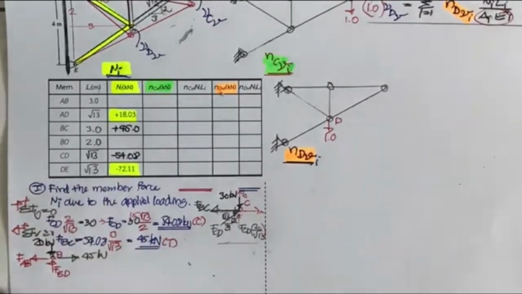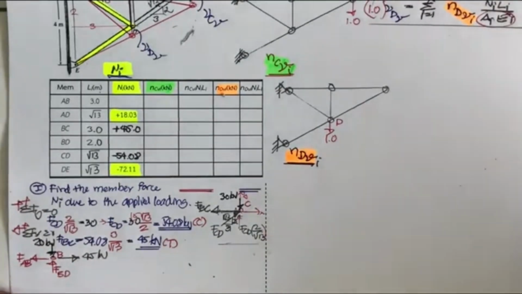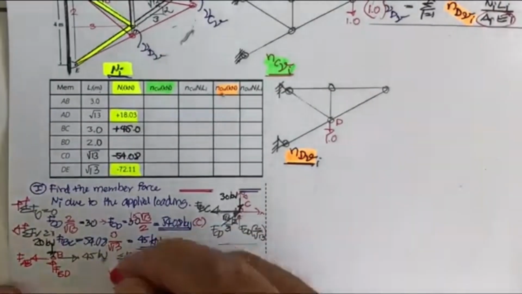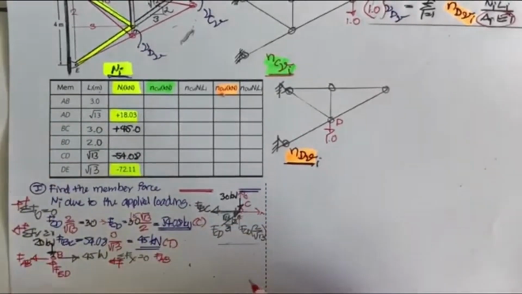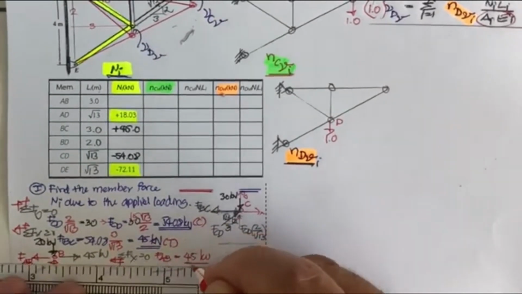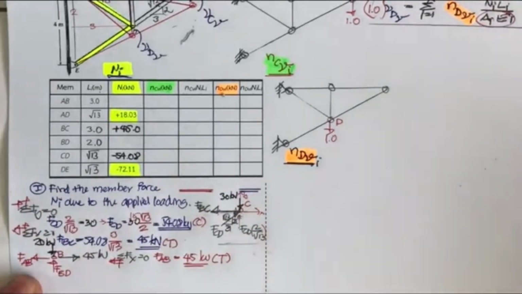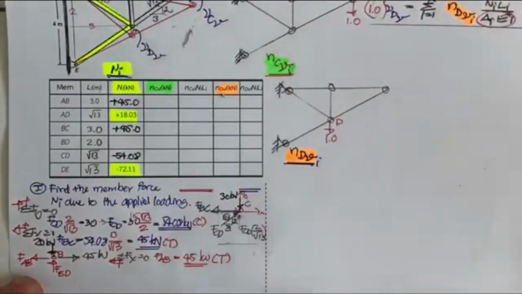This time the free body diagram has the force in the x direction alone and in the y direction alone, so it's going to be very easy to determine the force here. Summation of F sub x equal to 0. If you put this one as positive, F sub AB is going to be 45 kilonewton, and it is in tension. So AB is plus 45 here.